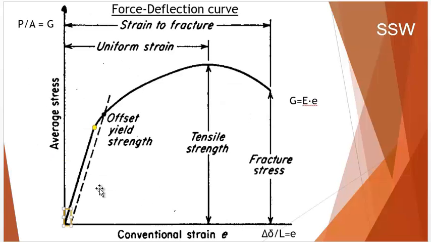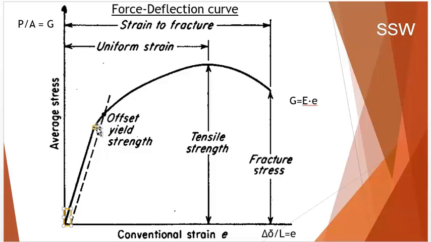The second curve shows the same behavior, but here we added the point, yield strength. And as the first assumption stated, after unloading, a body completely recovers its original shape and size. This assumption is valid only while the load is within the limit of elasticity.